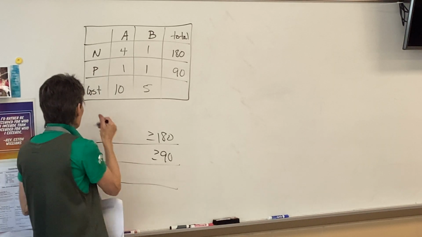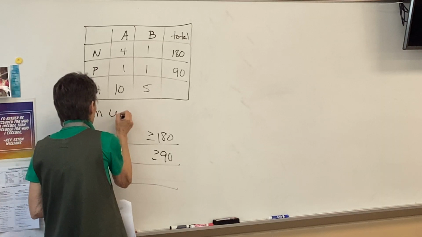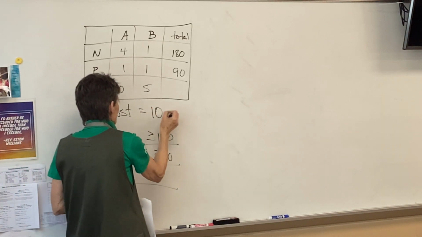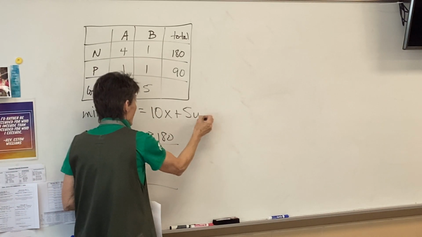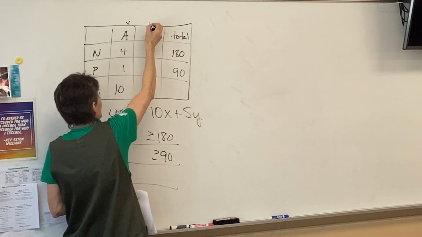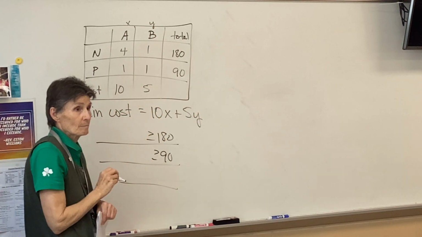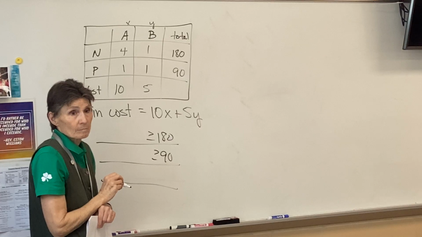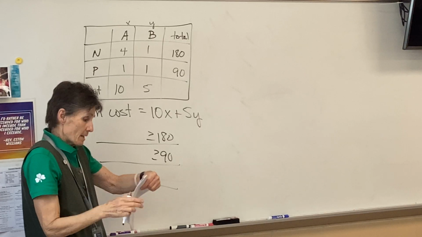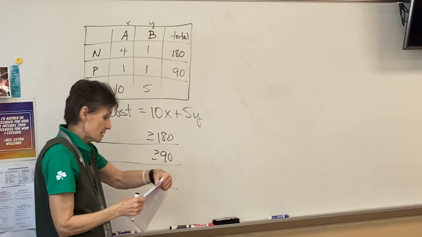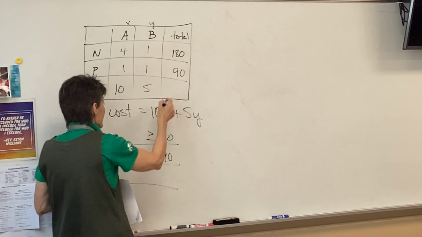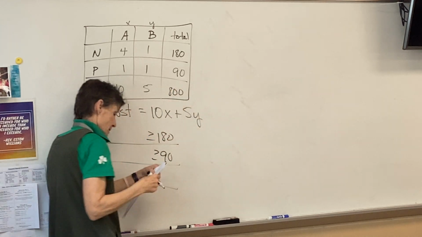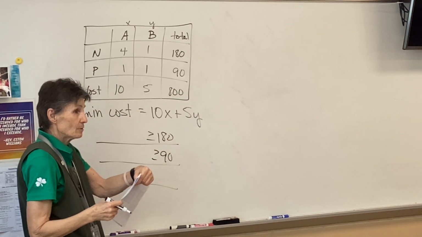We want to minimize the cost. And that's going to be 10x plus 5y if I call this x and this y. And whatever happens, it's got to be less than $800.